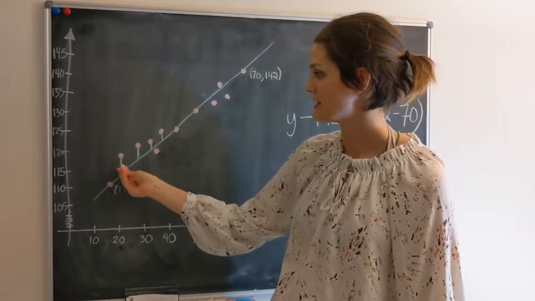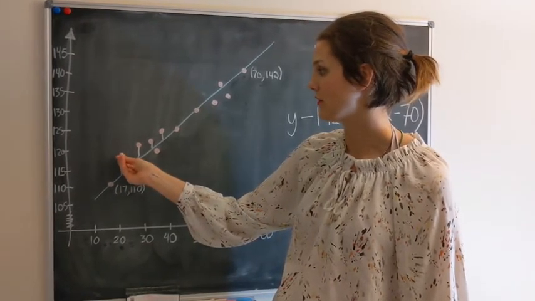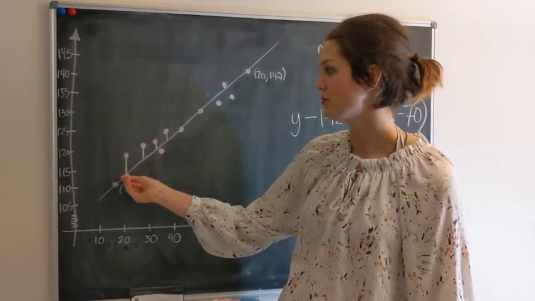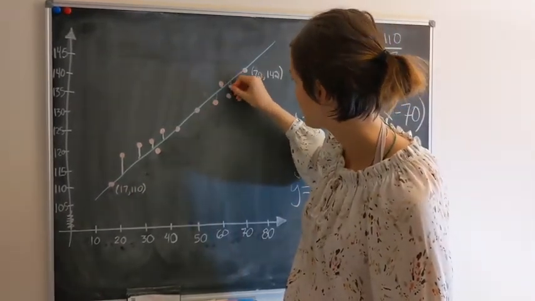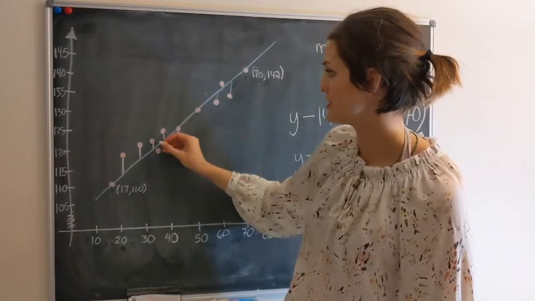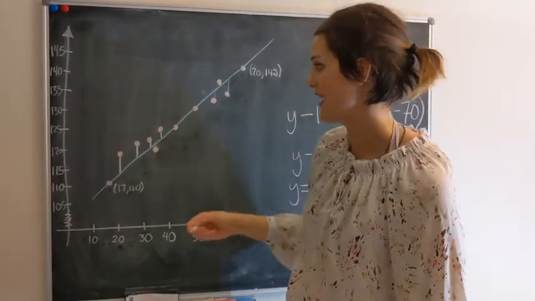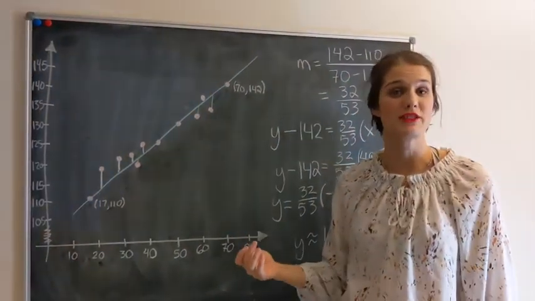By vertical distance, I mean if I draw a vertical line from a point to this line, and then I take the square of all of those distances and add them up, I want that total to be as small as possible.